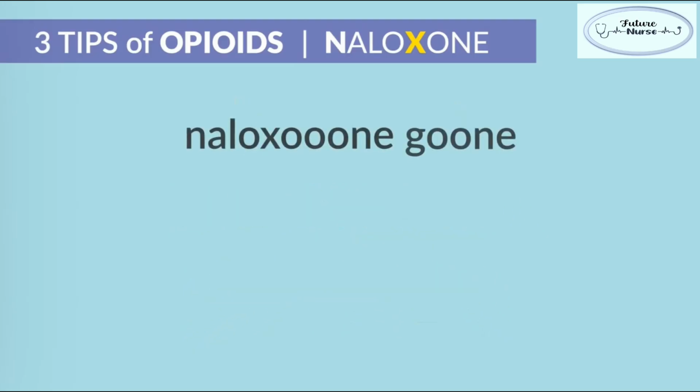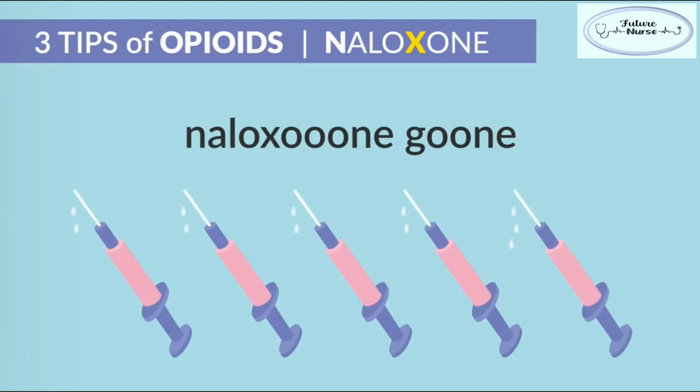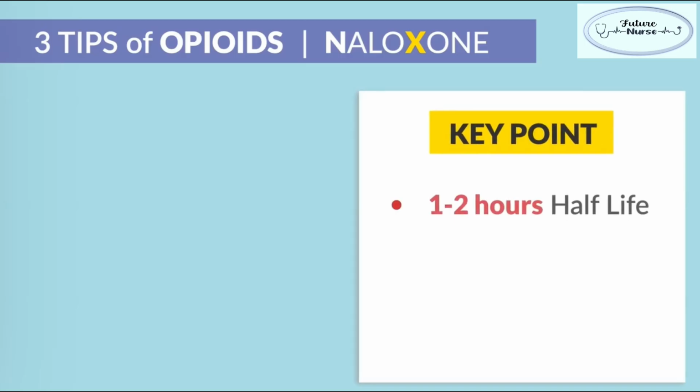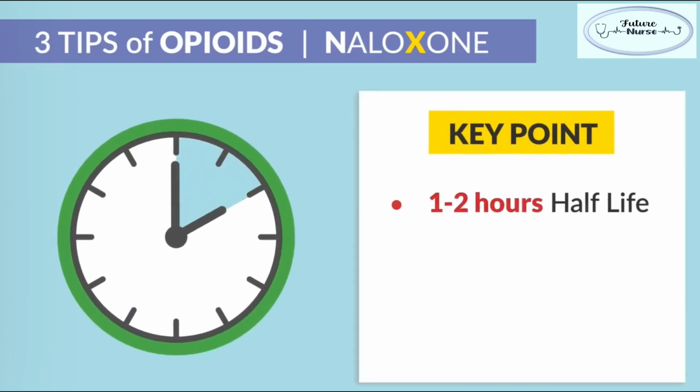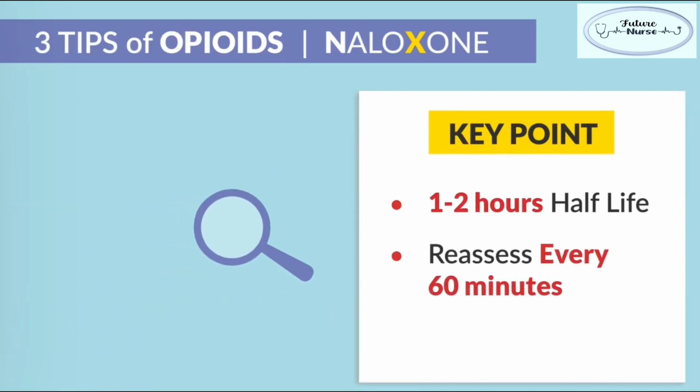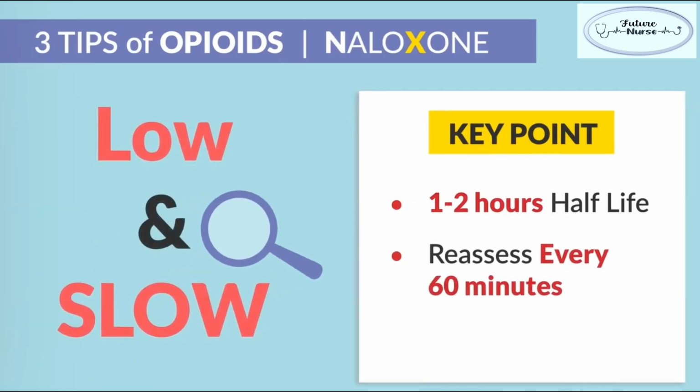Guys, the bad news is that it's gone quickly, so we usually have to give multiple doses. So think naloxone is gone quickly. So the key point here to write down is 1 to 2 hour half-life. So we always have to reassess every 60 minutes. And we're monitoring for the persistent low and slow.